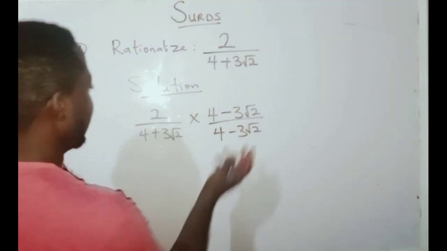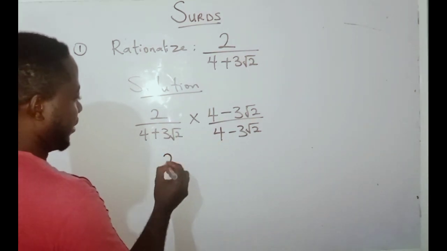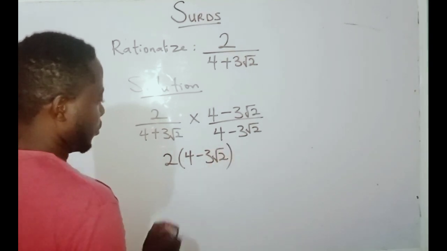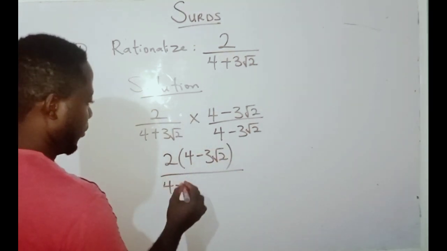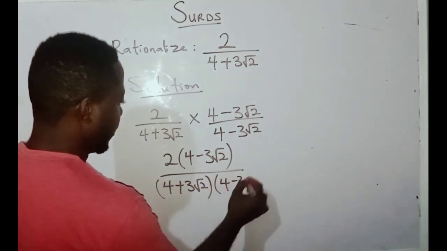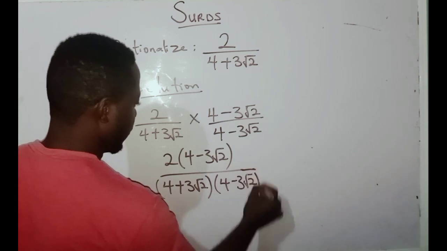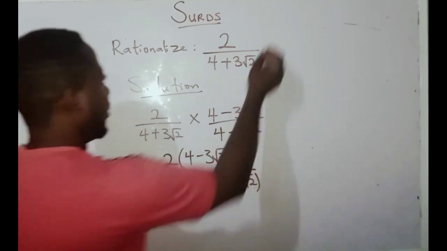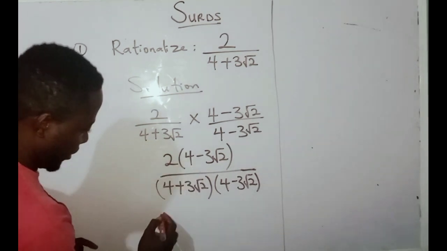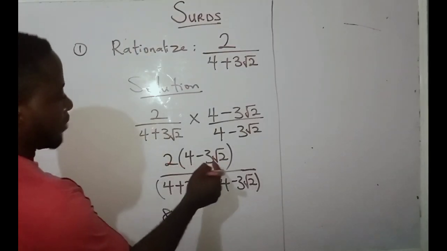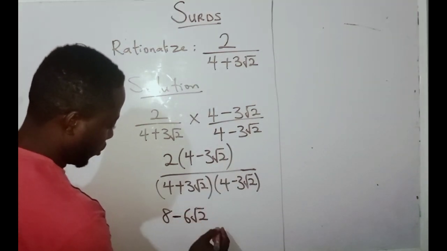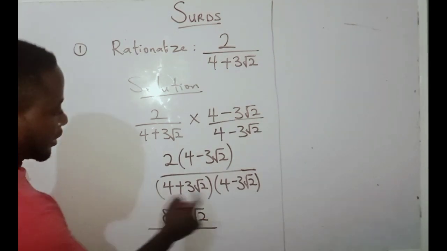So you can leave it like this, or you can rewrite it this way: 2 into bracket 4 minus 3 root 2 all over 4 plus 3 root 2, 4 minus 3 root 2. Now we can expand. 2 times 4, I'm going to get 8. 2 times minus 3 root 2 is going to give us minus 6 root 2, all over 4 times 4.